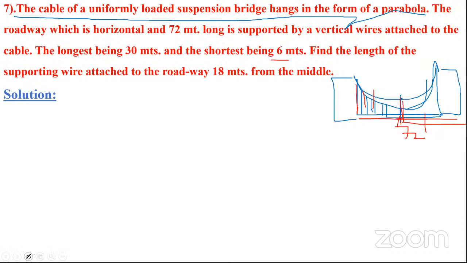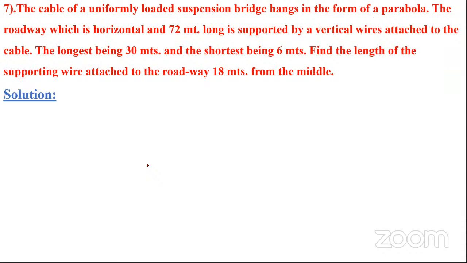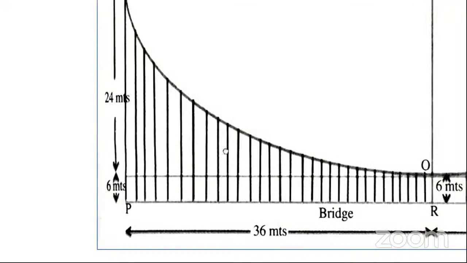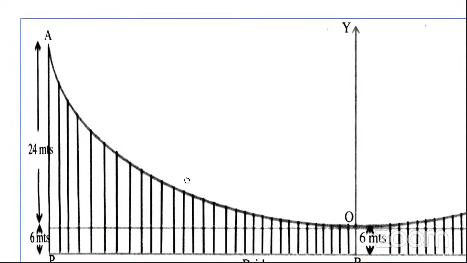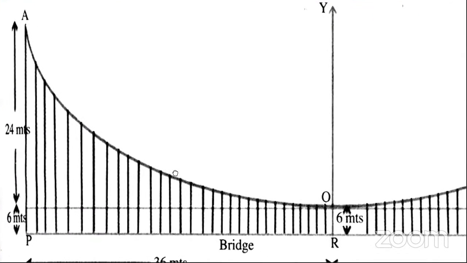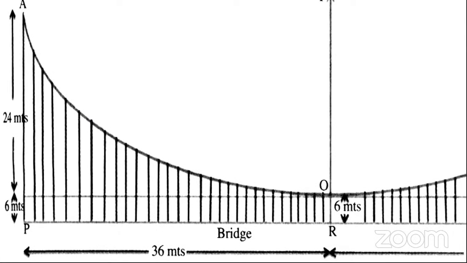Now see this one. This is the figure. Please observe this one. This 24 plus 6 is nothing but 30. This is the highest cable wire length, and P is the starting and Q is the ending point of the bridge.